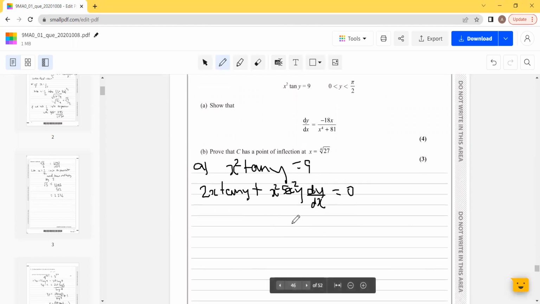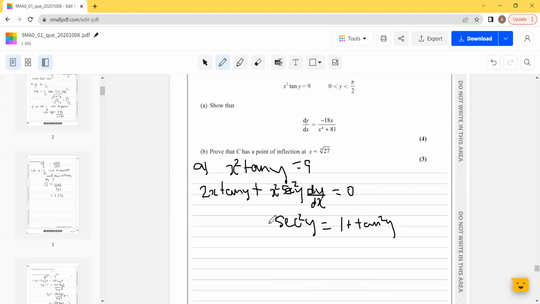So now I also know that sec squared of y is equal to 1 plus tan squared of y. I'm going to use this fact to solve it. So what's tan squared y? Well, you might be thinking, I have no idea. But if I had this equation, I can always substitute it back in.